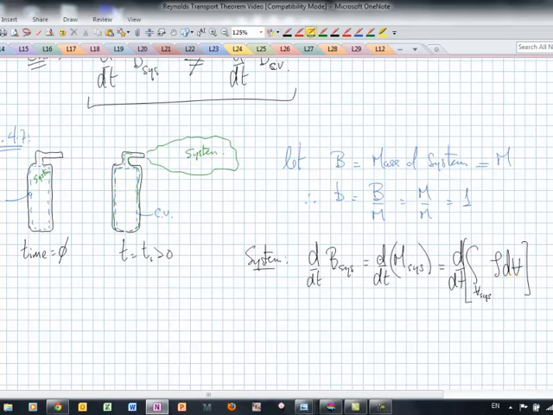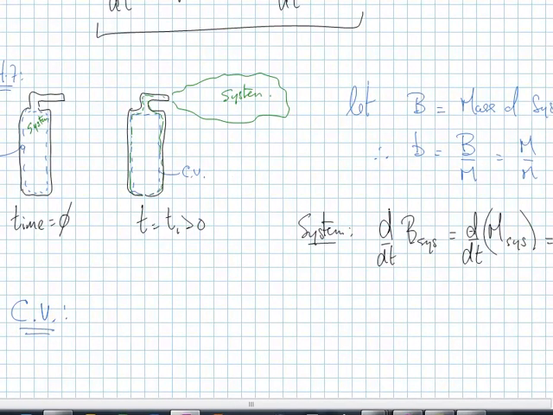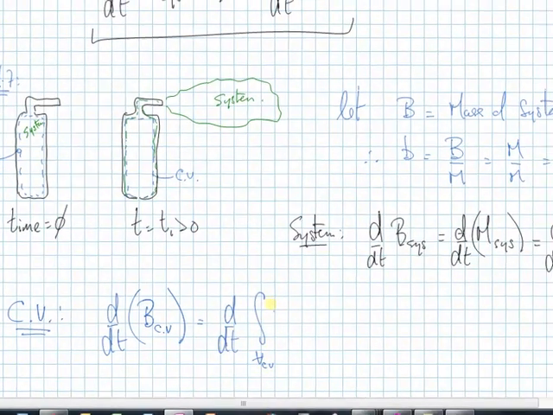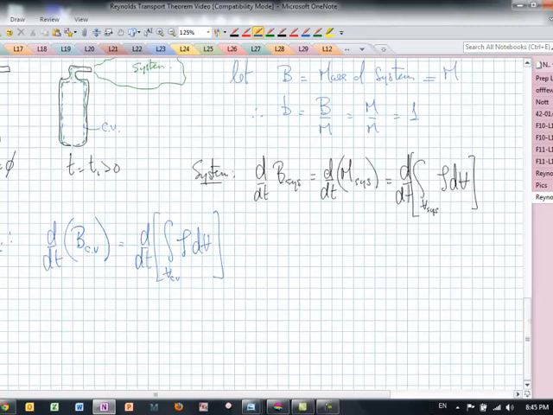Now for the control volume, I'm going to use a different color. For the control volume, we're looking at d/dt of B over the CV, which is equal to d/dt of the integral over the CV of rho dV. And remember, the control volume here is the tank, just what's inside the tank.